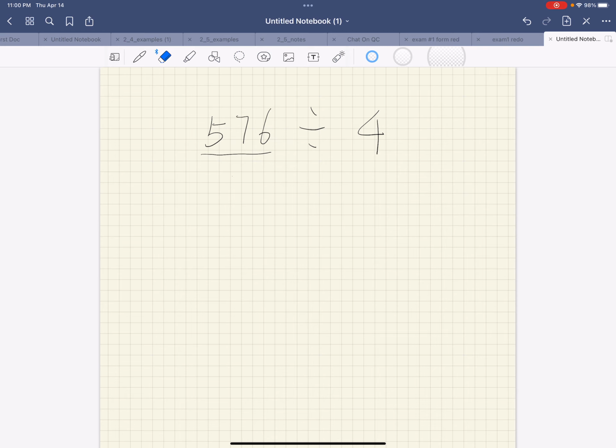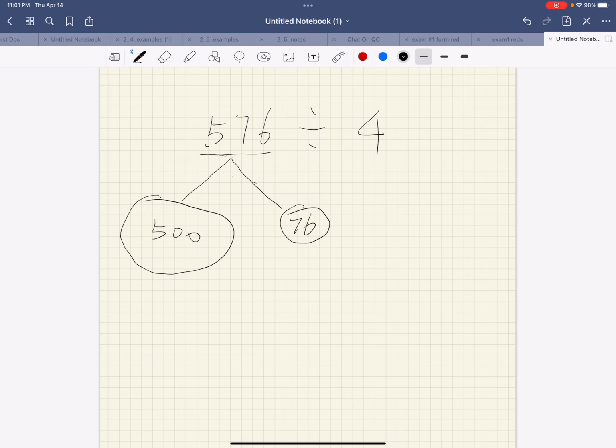Because this 5 means 500, I would like to firstly separate this 576 into two piles. This is a big bag, which is 500, and here's a small bag, 76.